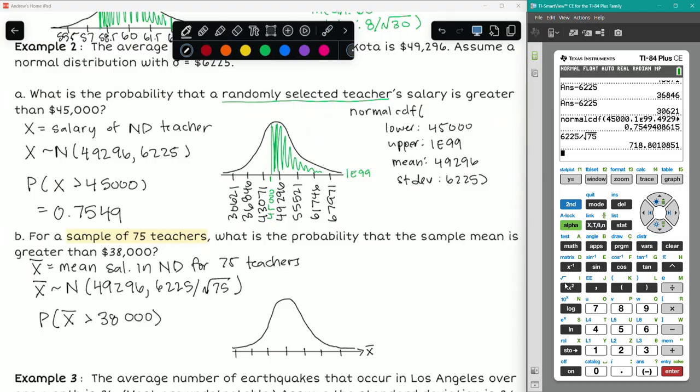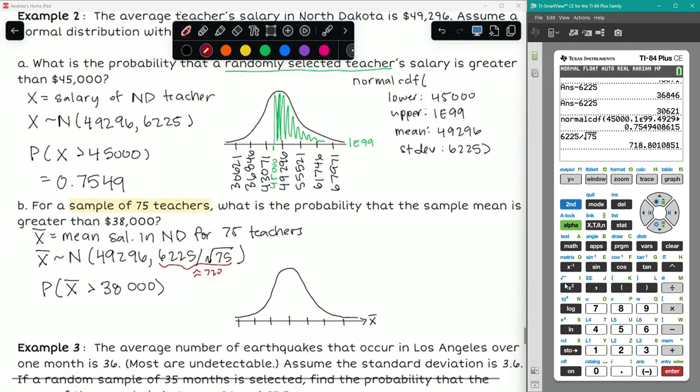I'm going to round that up because we're dealing with really big numbers, to about 720, just to do math quickly. So my mean is at 49,296. I'm adding 720 to that.